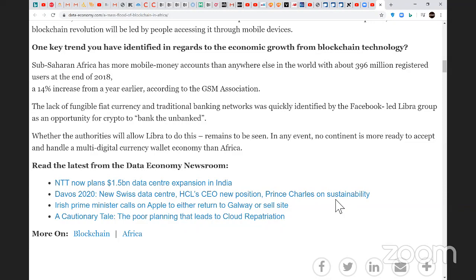The lack of fungible fiat currency in traditional banking networks was quickly identified by the Facebook-led Libra Group as an opportunity for crypto to bank the unbanked. Whether the authorities will allow Libra to do this remains to be seen. In any event, no continent is more ready to accept and handle a multi-digital currency wallet economy than Africa.